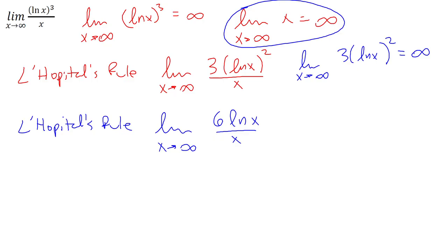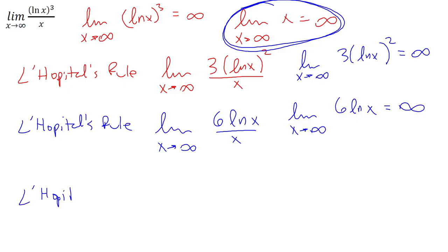And we can see that this is still equal to infinity over infinity, because the limit as x approaches infinity of 6 ln x is infinity. And again, the limit as x approaches infinity of x is infinity. So now we take another application of L'Hopital's rule.